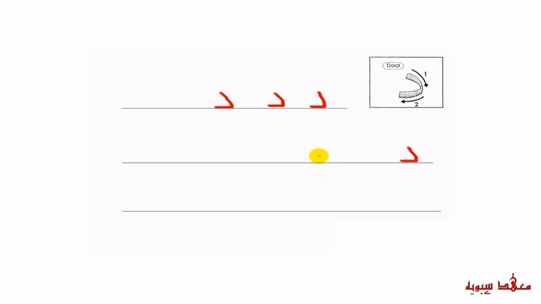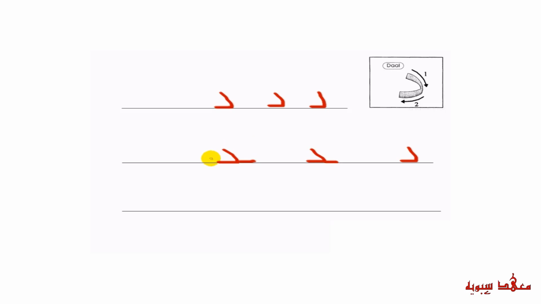Now with the medial form, there's a letter coming, and then there's the dal. And the dal is not joined to the next letter. And once again, in the end, it's the same way. So it can be joined from behind, but nothing can be joined after it.